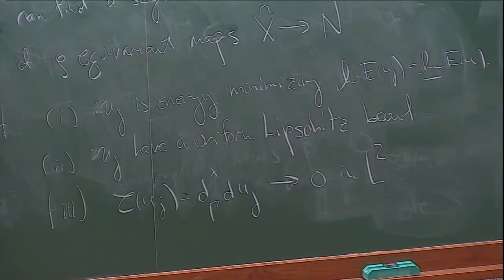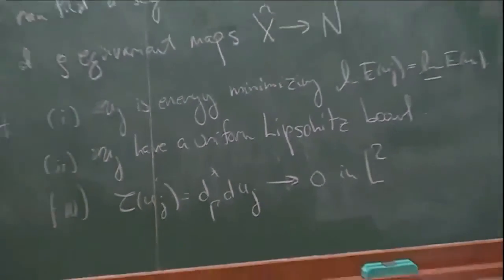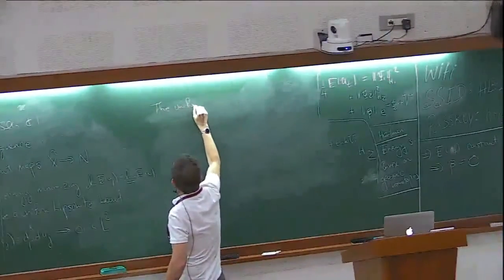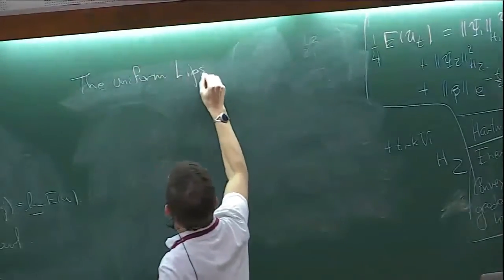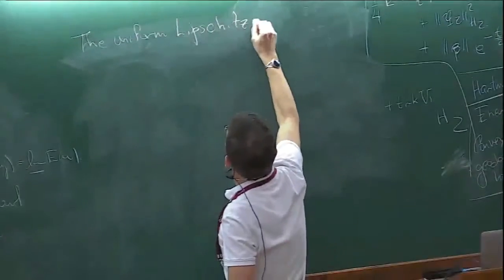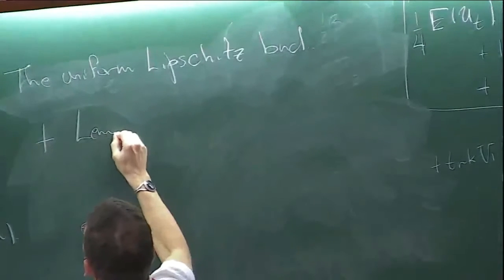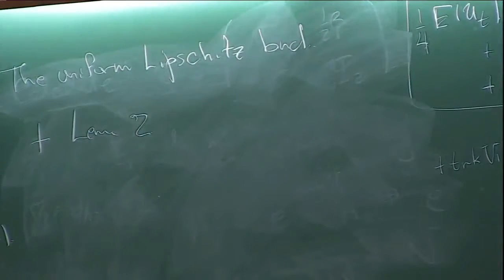So what does that mean? That means that the uniform Lipschitz bound, plus this second lemma that I wrote down here, the fact that we know that the image of the maps don't go off to infinity at one point, say, means that we can use Ascoli's theorem.